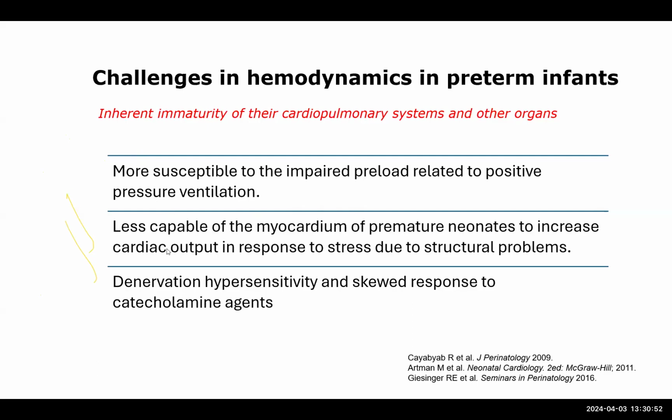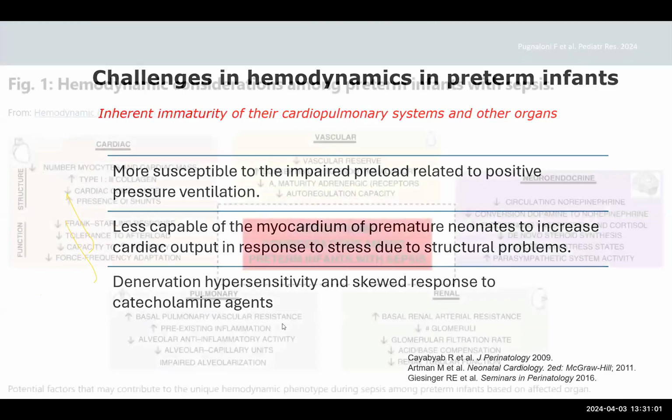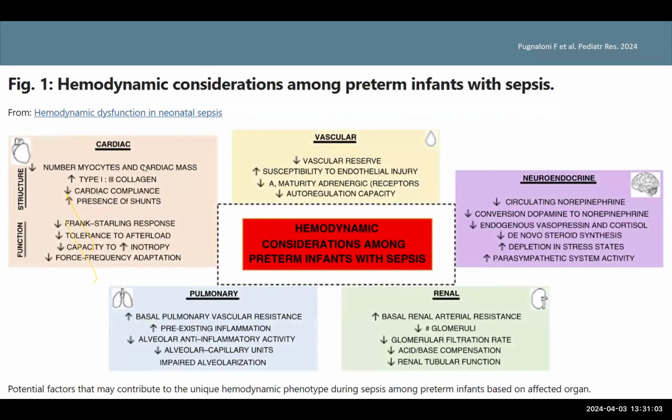The myocardium is less capable of mounting up the cardiac output, which I'm going to illustrate in the next slide, and there is also some denervation, hypersensitivity, and skewed response to catecholamine agents. We know that in very preterm infants, especially SGA infants, not infrequently they have way more collagen and a less developed sarcoplasmic reticulum. In summary, they have less capacity to mount a response to the increased metabolic demands associated with sepsis.